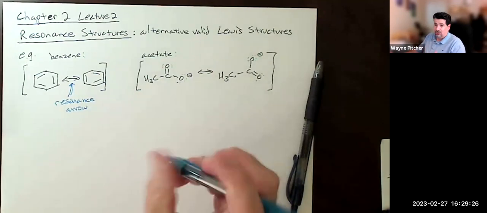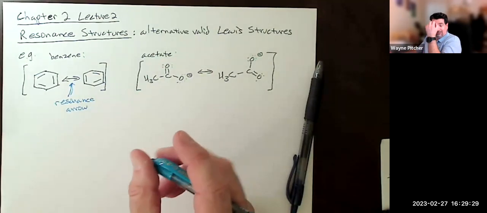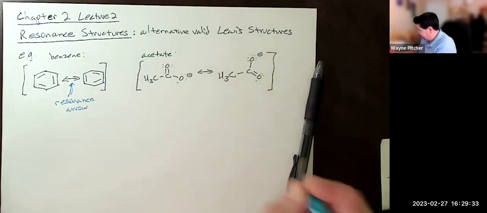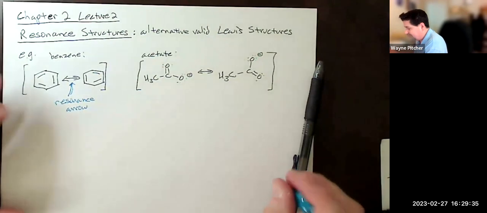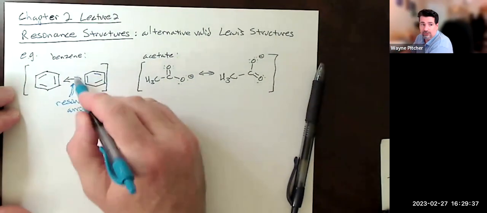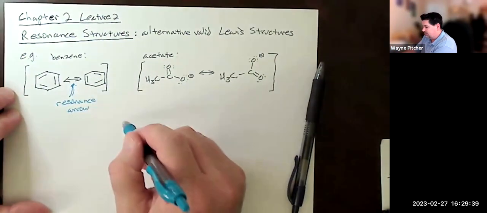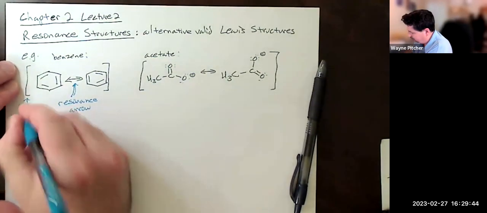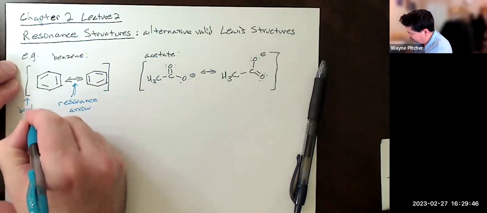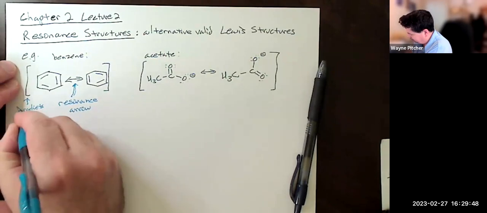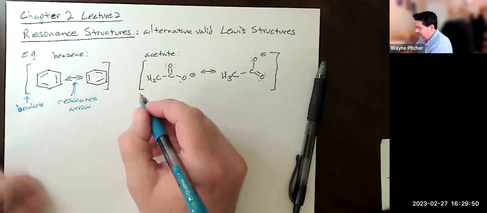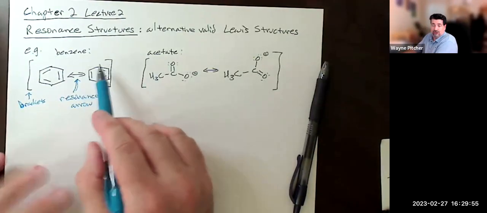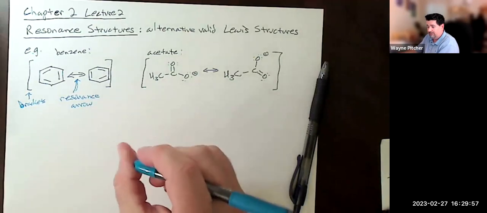It's not a curved arrow for drawing mechanisms showing where electrons go in mechanisms. It is a resonance arrow. You only draw it in between resonance structures. We also put our resonance structures in brackets to indicate that these structures are equivalent structures for a given compound.